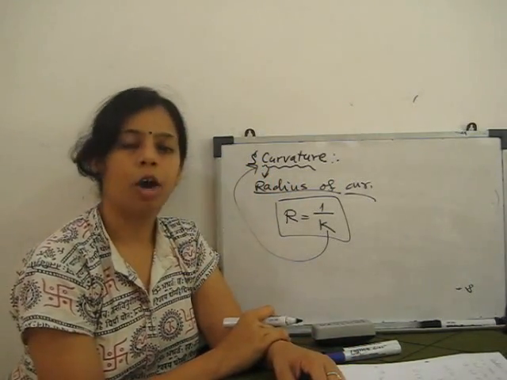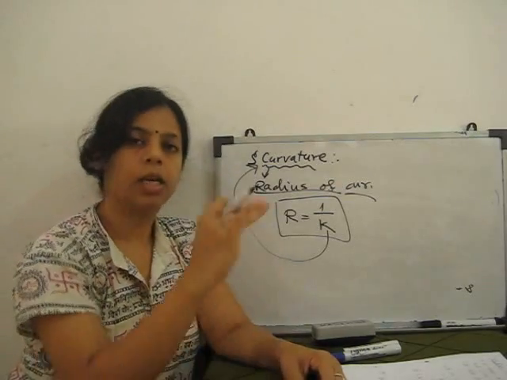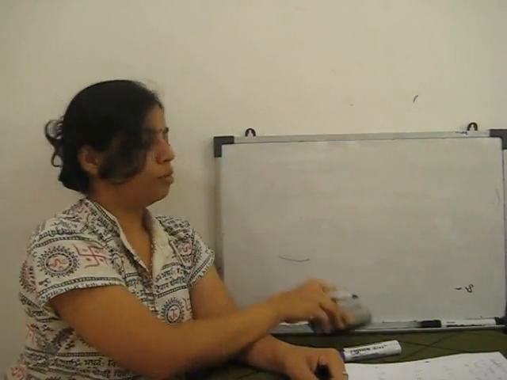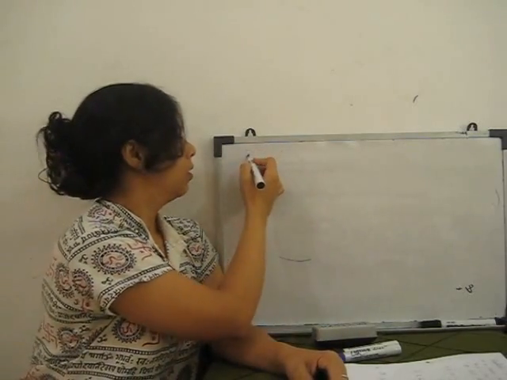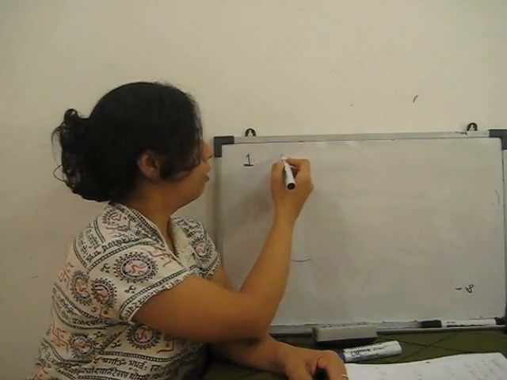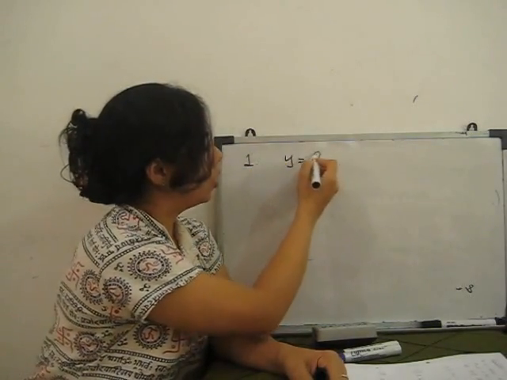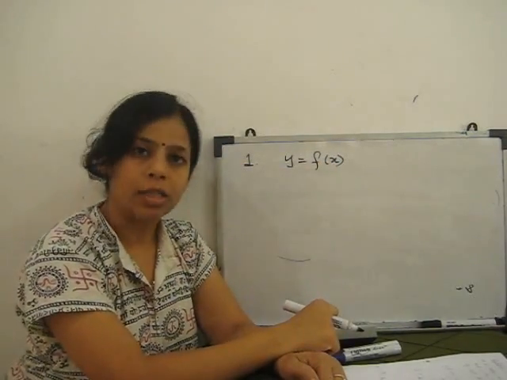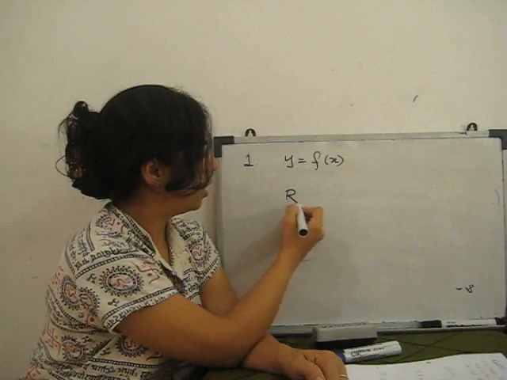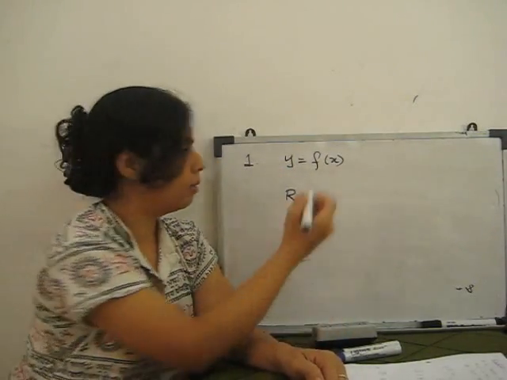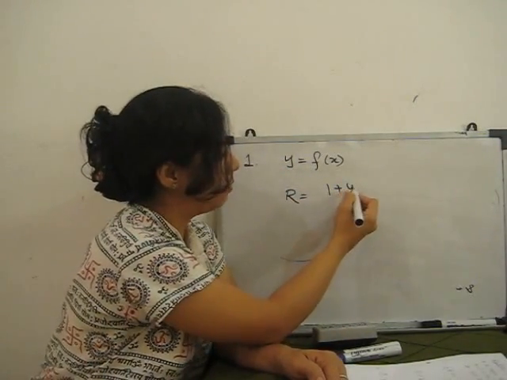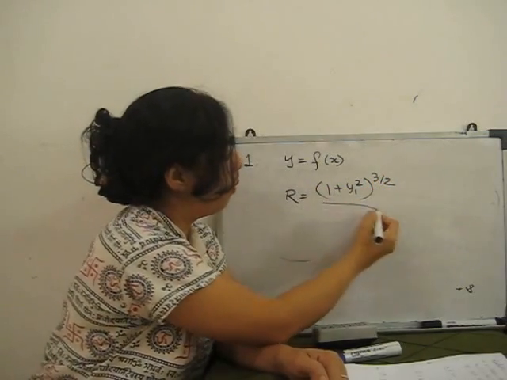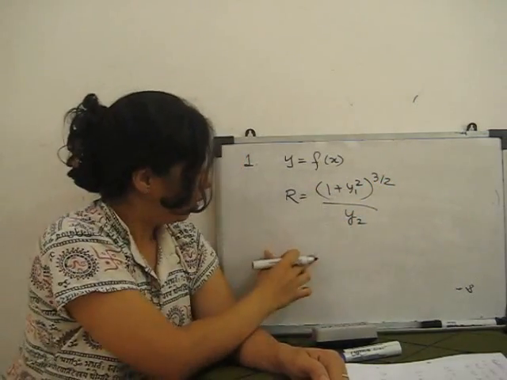Now I give you the formula for radius of curvature for different types of curve. First is the radius of curvature for a Cartesian curve where y is equal to f of x. If the curve is in the form y equals f of x, then our radius of curvature R is given by (1 plus y1 square) whole to the power 3 by 2, upon y2.